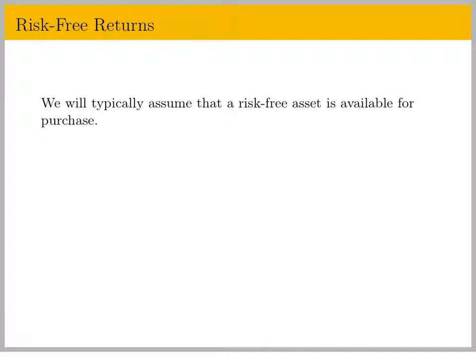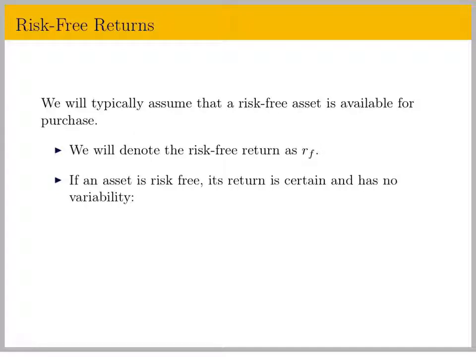Now, as we compute returns, we're often going to make the assumption that a risk-free asset is available for purchase. So we are going to denote the risk-free return most frequently as R sub F. And because this asset is risk-free, its return is certain and has no variability.